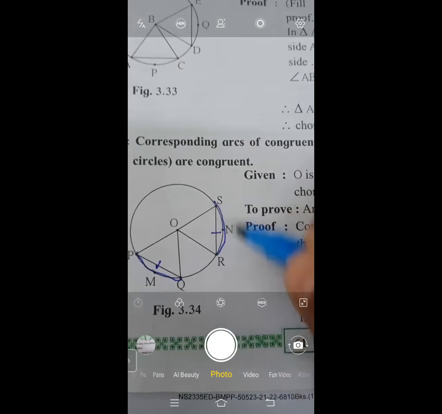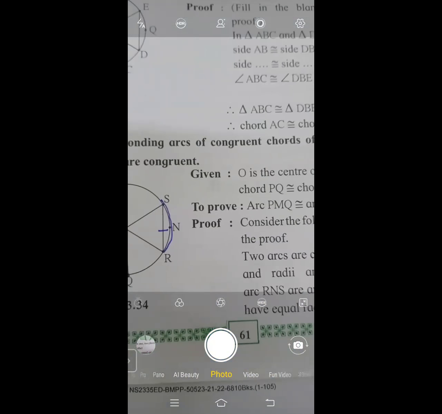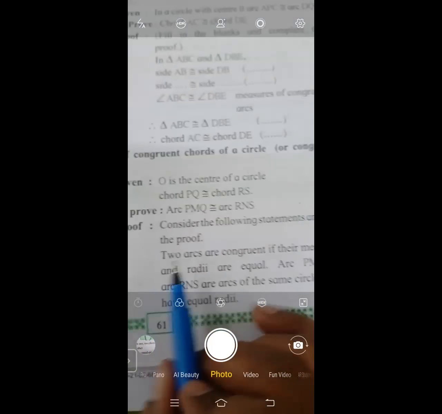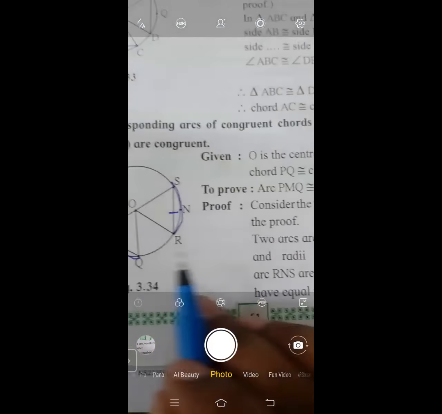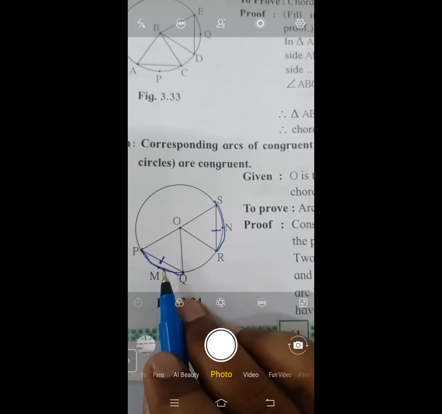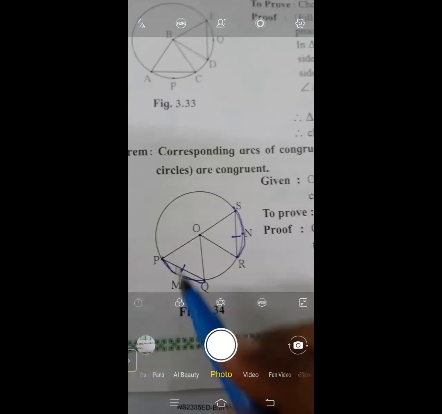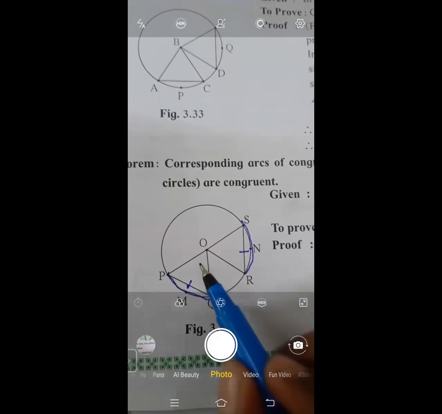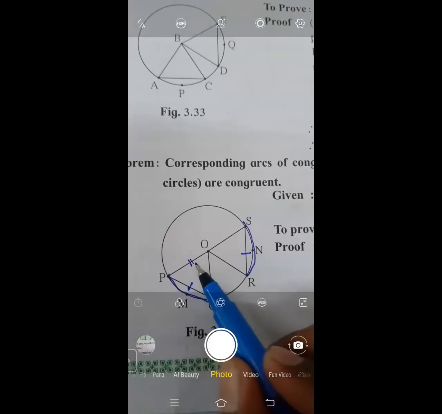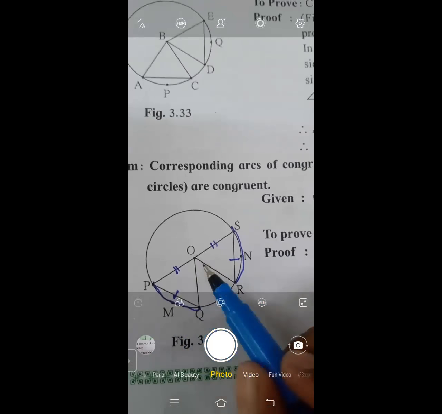We will go by proving that these two triangles are congruent. Proof: here it is expected that we write the proof, but how will we write it? First we will consider these two triangles. Then we will state that OP is equal to OS as both are radii of the circle.